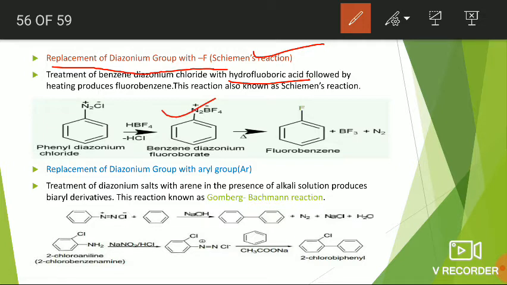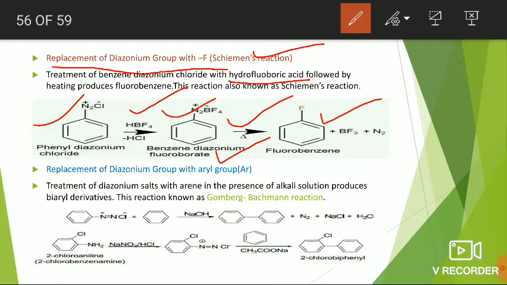We get fluoroborates. This diazonium fluoroborate on heating undergoes dissociation to form the corresponding fluoroarenes. In this example, benzene diazonium chloride, also known as phenyl diazonium chloride, on treatment with HBF4, that is hydrofluoroboric acid, we get benzene diazonium fluoroborate.